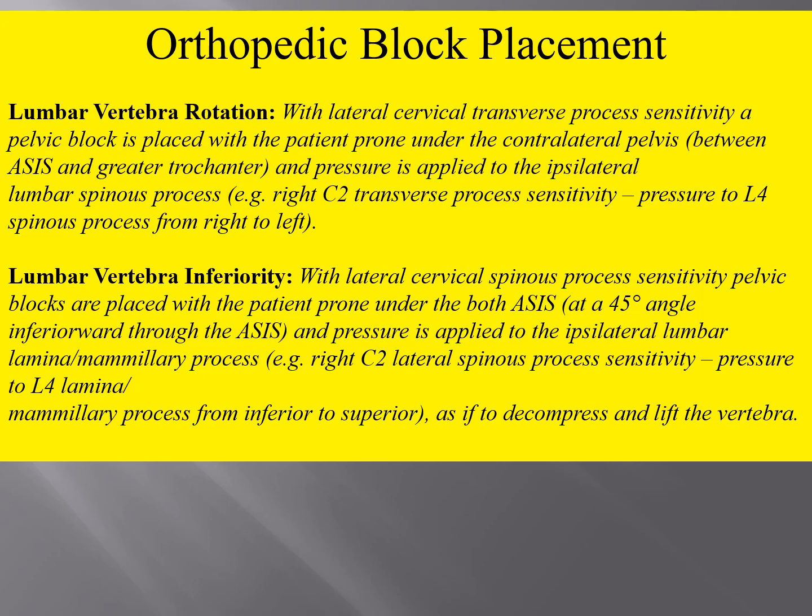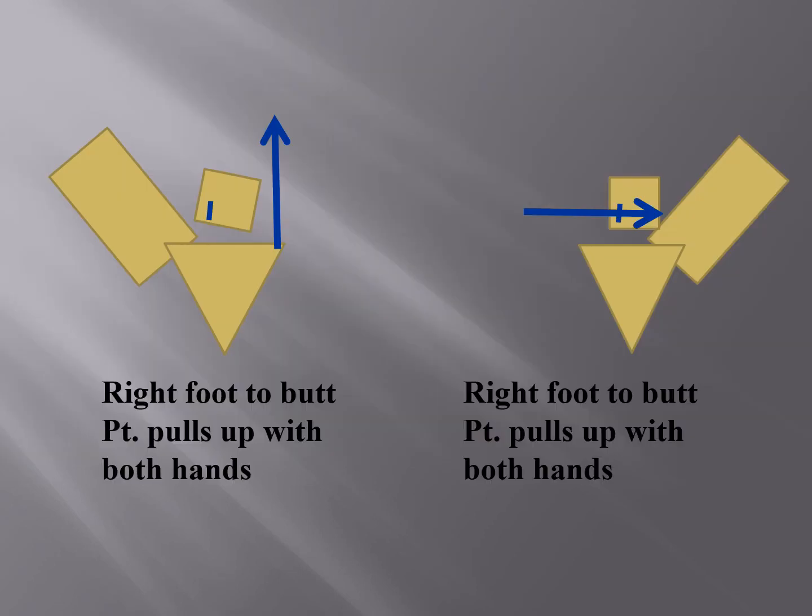So it's a really simple idea. And since you're using either one block for the lumbar rotation and either 1 or 2 blocks for the lumbar inferiority, it's a special way to block. And the idea is to enable the patient to walk straighter, and that's called orthopedics. So we call it orthopedic blocking. That's probably not the best title.